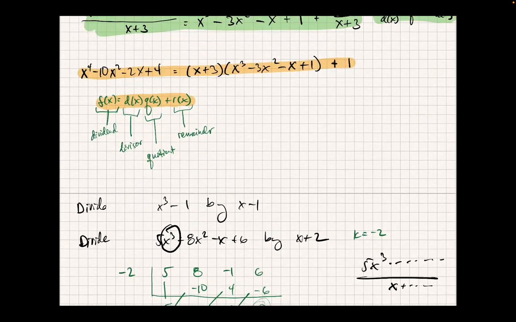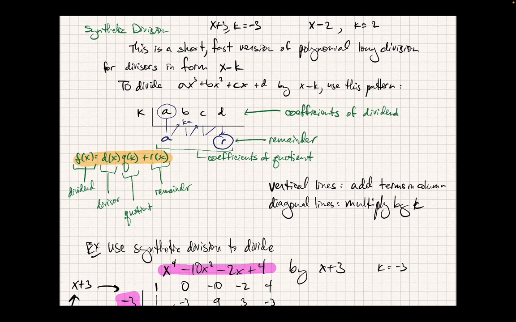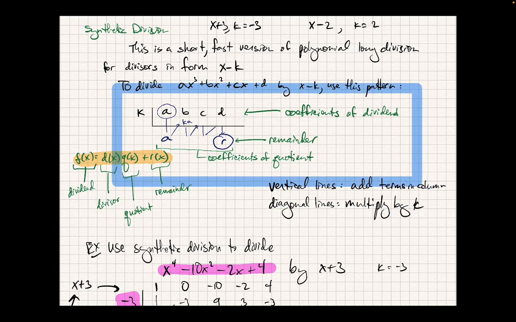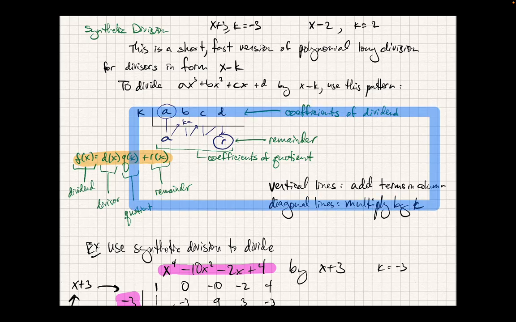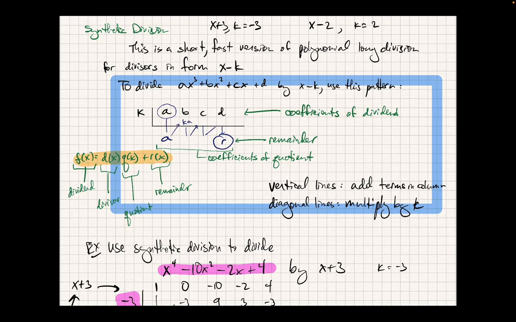Baron, I want you to write down all of this stuff. I already did. Okay, so what's your question then? When you have A and then you have KA, do you subtract B minus KA or do you do B plus KA?